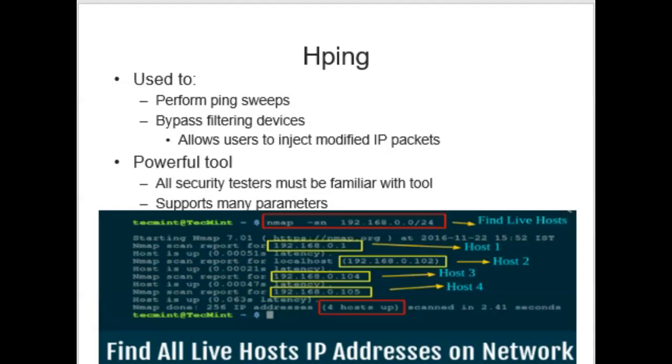Now, there's also hping. So a ping sweep, as you know, is a technique used to identify the hosts that are live on the network by using their IP addresses, right? And so, for example, if the network has the IP address 192.10.0.0/24, then it's very simple to identify the total number of hosts there by ping sweeping that network, right?